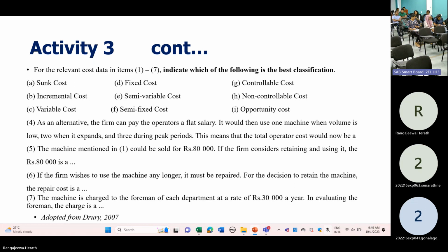So as an alternative, the firm can pay operators a flat salary. It would then use one machine when volume is low, two when it expands, three during the peak period. This means the total operator cost is now semi-fixed.